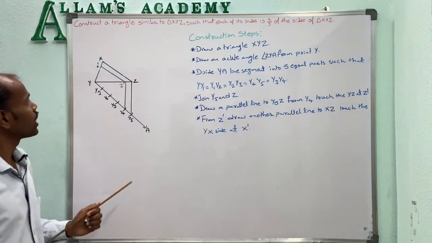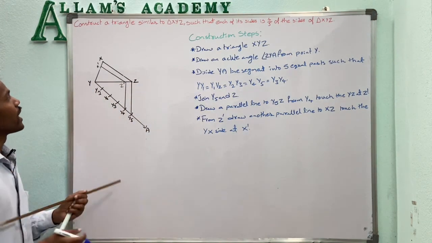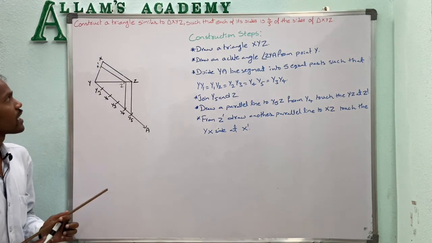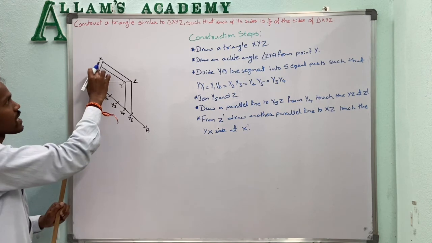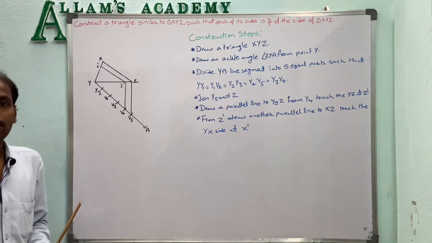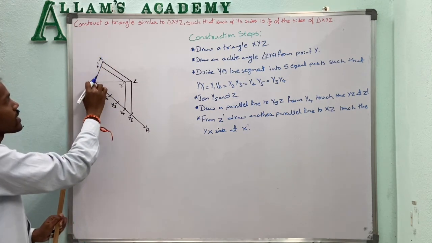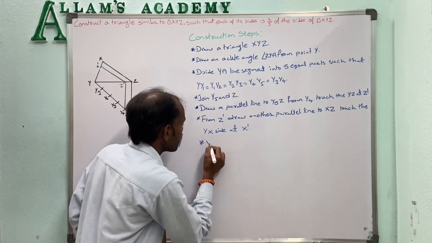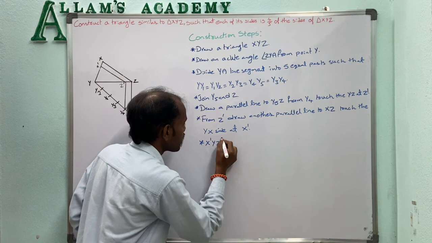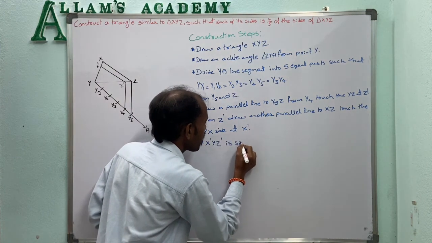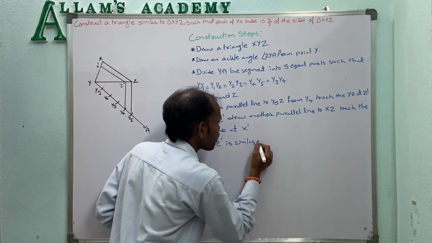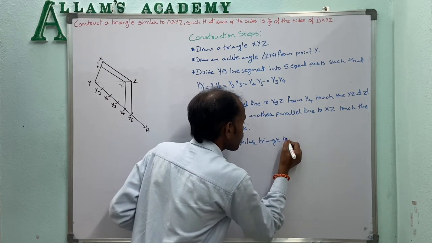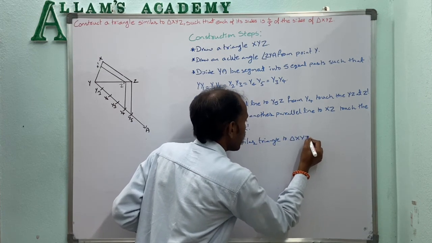Now if we observe X dash, Y and Z dash, it is a triangle, and this triangle is similar to triangle XYZ.